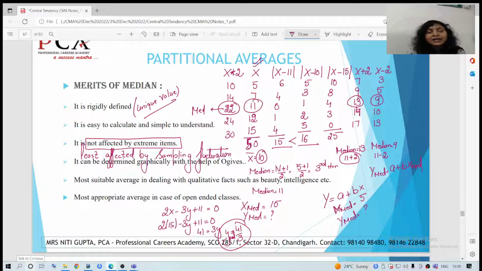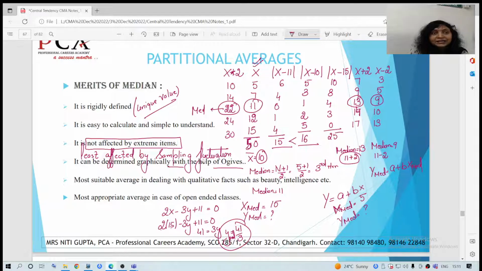So that means if we took 10 samples of 10 items each and we find the median of each of these 10 samples, then you generally see that the result of median is approximate to each other. So that means they are least affected by sampling fluctuation. Then medians can be determined graphically with the help of ogive curves. I have already explained that.